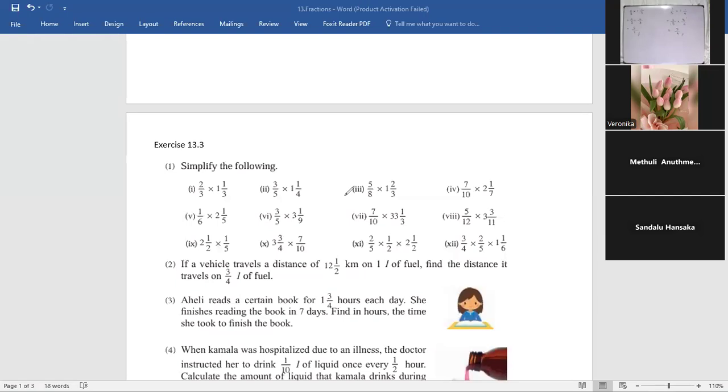So let's do the third one and the fourth one. Let me know the answer.